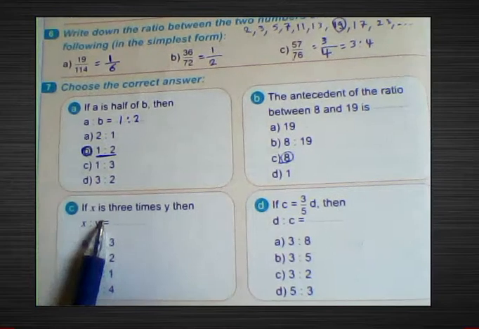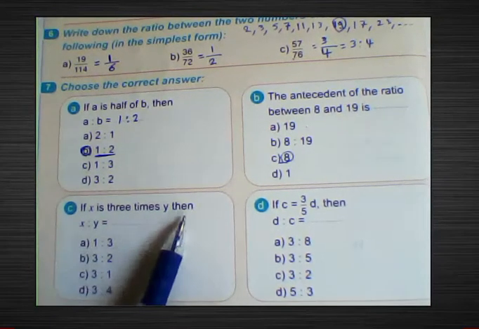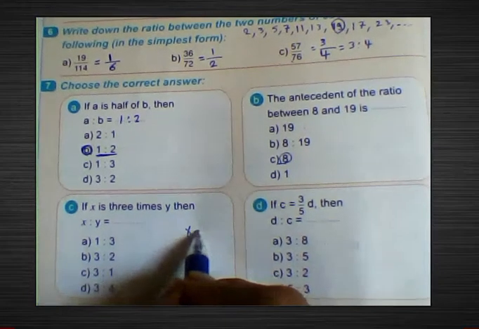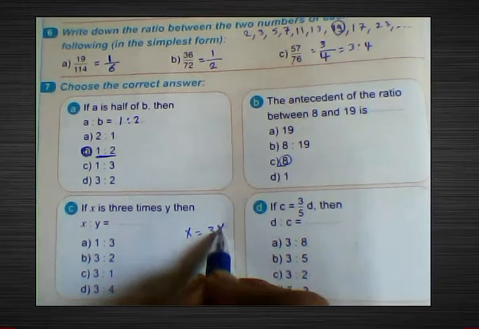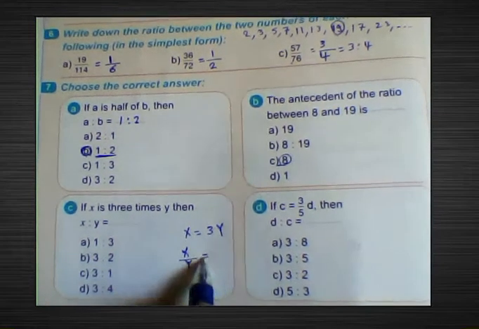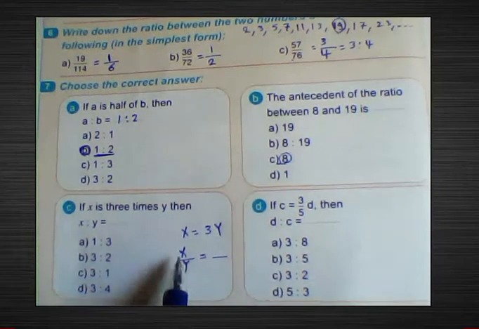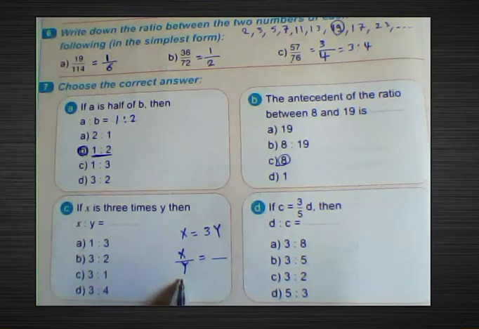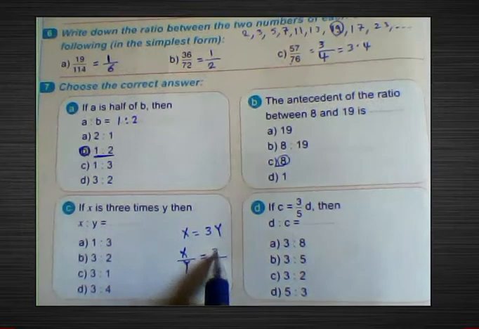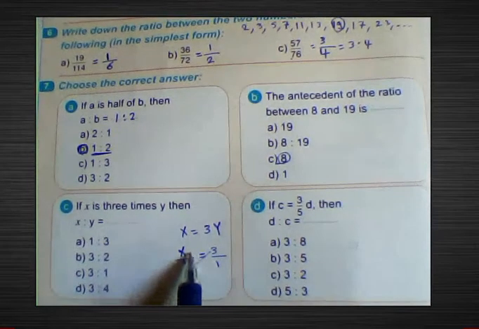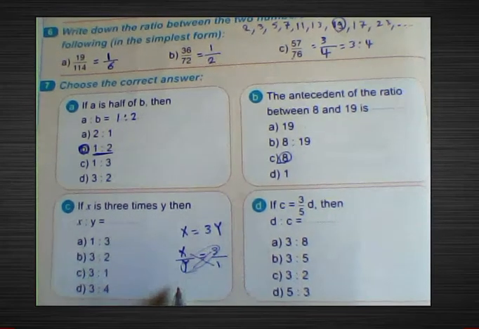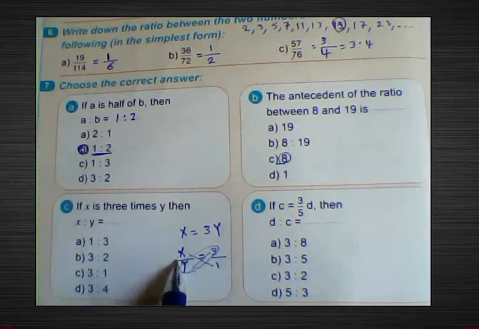Letter C. If x is 3 times y, then x to y, look at this: x equals 3 times y. So the ratio between x and y: we write 3 to 1, because y times 3 equals 3y, and x equals 1 times y.